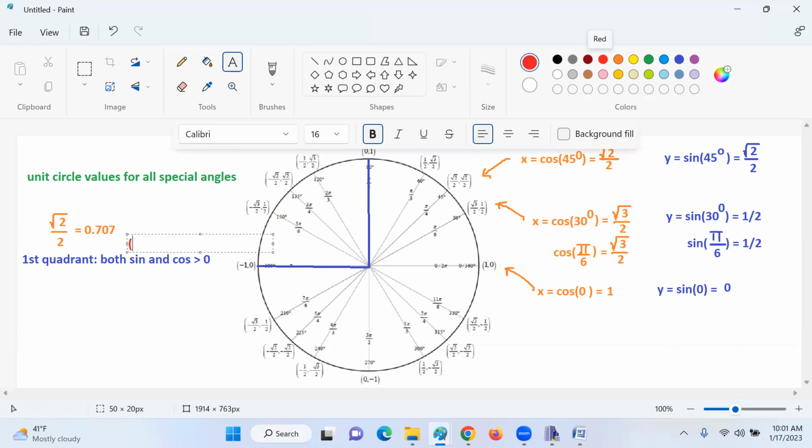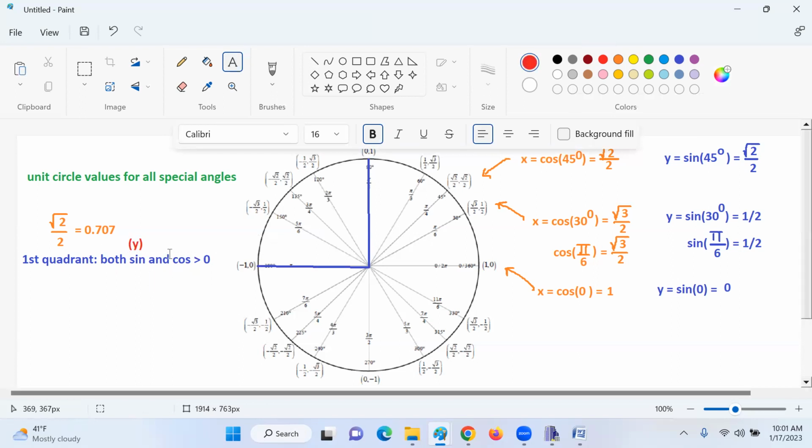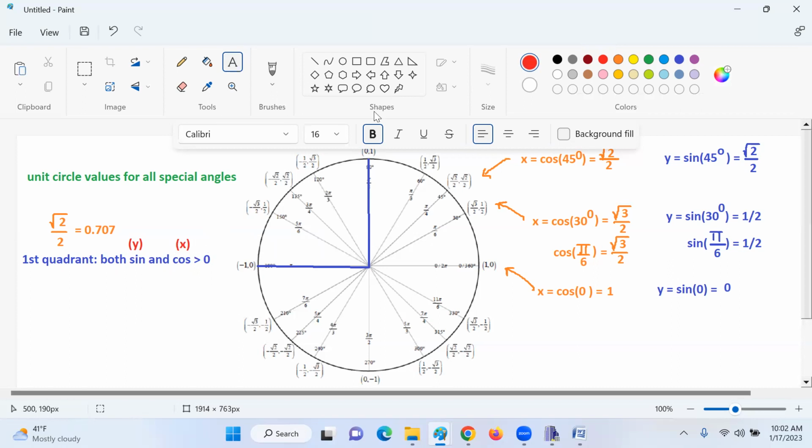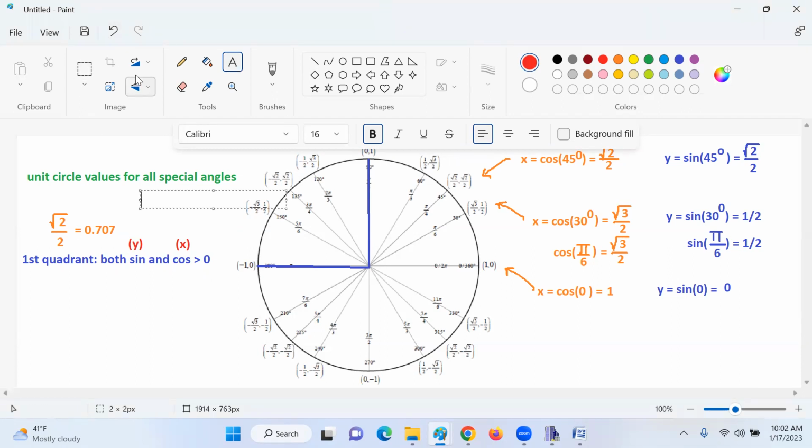So remember, sine is the y, the cosine will be the x. X will be negative, so we can check all the x index are negative, right? Y will be positive because y is still on top.